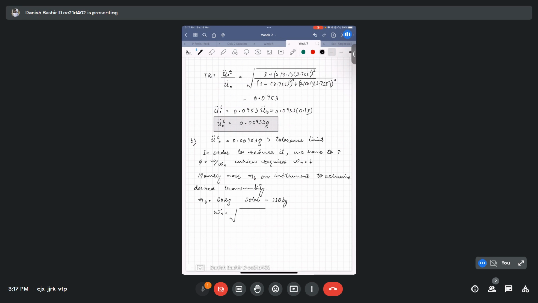K is already 14 into 10 power 3, and the new mass is 110 kg. So we get this frequency as 11.28 radians per second, and the new frequency ratio phi dash, equal to omega n dash by omega, is 5.569.